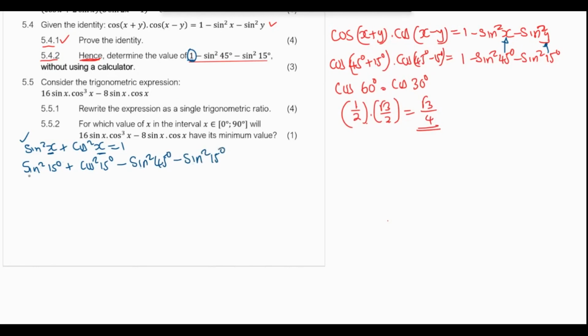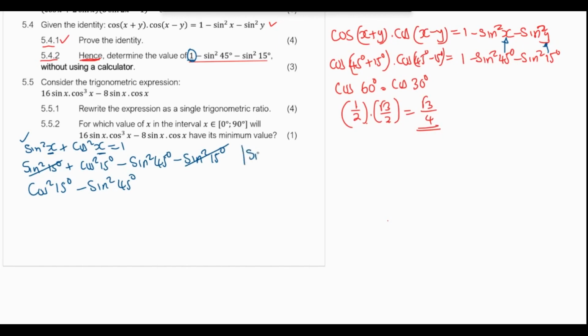Then sine squared 15 degrees minus sine squared 15 degrees gives us 0. So we're remaining with cos squared 15 degrees minus sine squared 45 degrees. Let's deal with our special angle, which is 45. Sine squared 45 degrees. Remember, sine 45 degrees is equal to what?